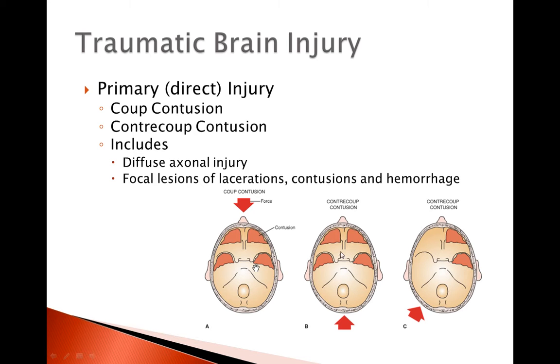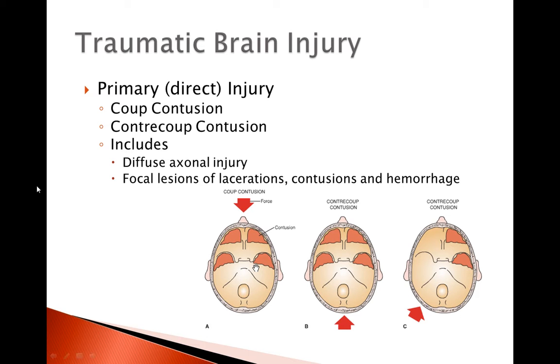That's a contusion. Likewise, this would be another one. It's on the side, hits on the back left side, and the damage is actually as the brain sloshed forward and hit at the other side. So these are really motions of acceleration and deceleration of the brain. Okay, these kinds of injuries can be local lacerations, contusions.